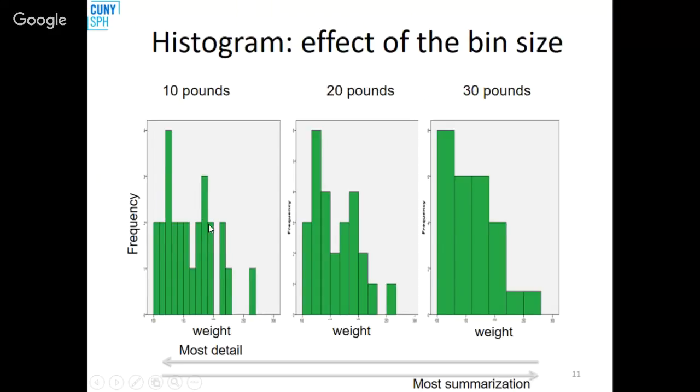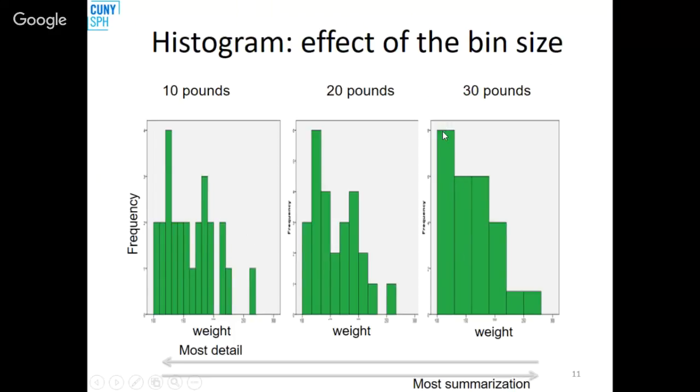Because the smaller your bins, the smaller your number of observations in each bin will be. That's going to mean that you will see more sampling variability in each of those bins because the number of observations in the bin is smaller. And the more detail you're going to see.